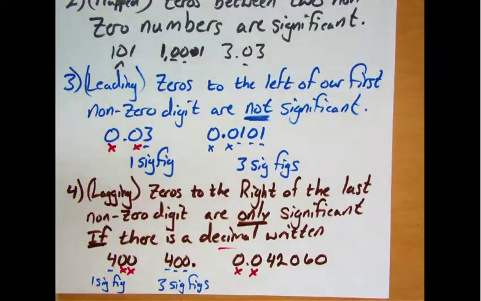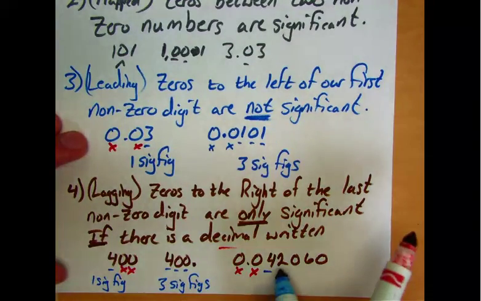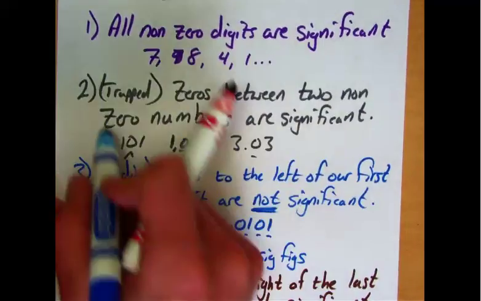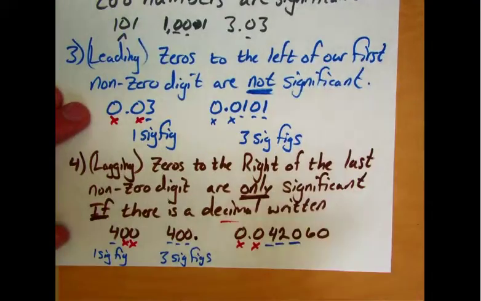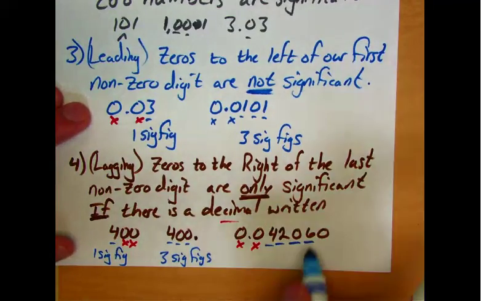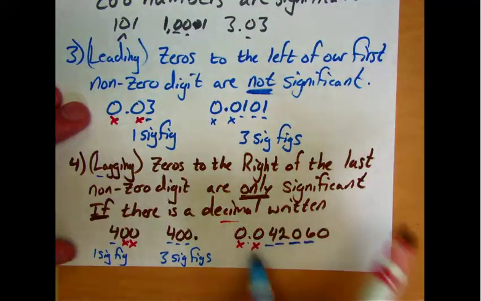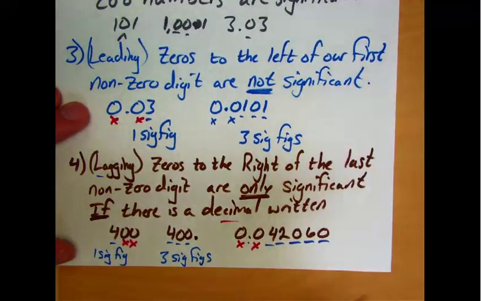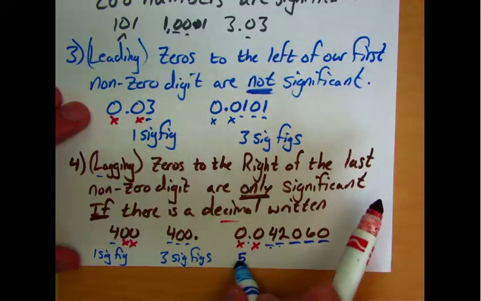That 4 is a non-zero digit, so yes, that is significant. I'm going to underline it. That 2, non-zero, significant. This 0 falls under my trapped zero rule, so yes, this is significant. Non-zero, and then this last one is a lagging 0. There is a decimal written, so yes, this is significant, so that means we have 1, 2, 3, 4, 5 sig figs.